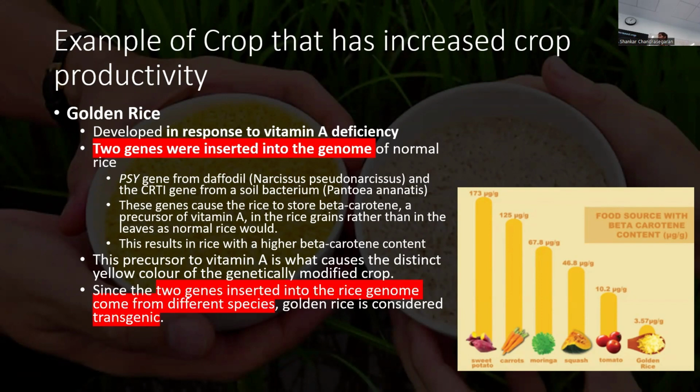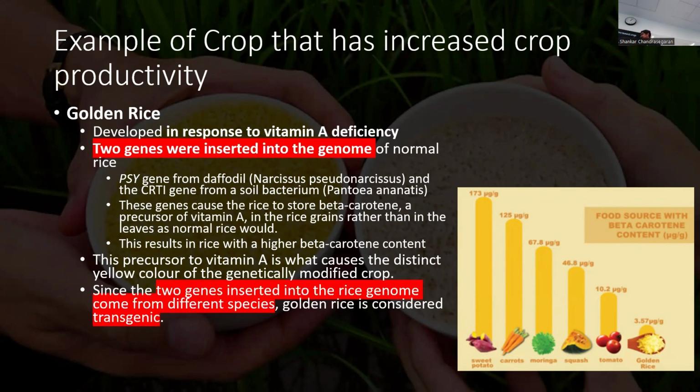What this commercial company did is make this golden rice to have 2 genes inserted into its genome. I'm not going to go through these genes specifically, the Psi gene and the CRTI gene. These are coming from different organisms. So what kind of genetically modified organism would this be? Transgenic, exactly, because it's coming from different organisms.